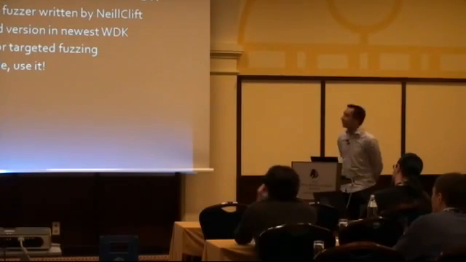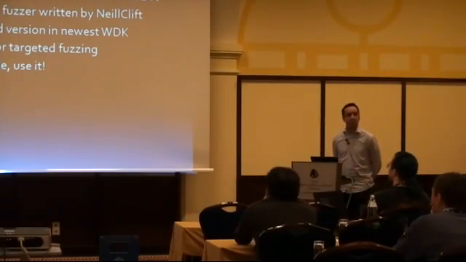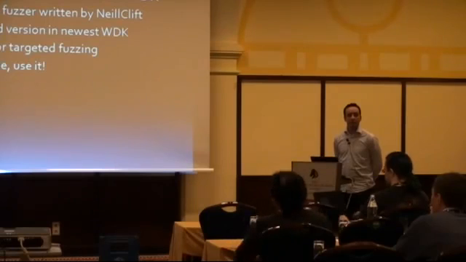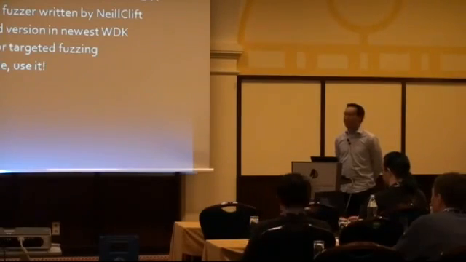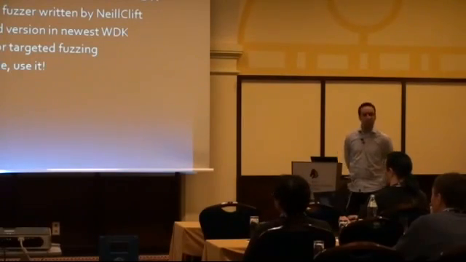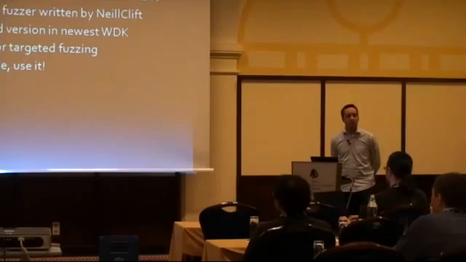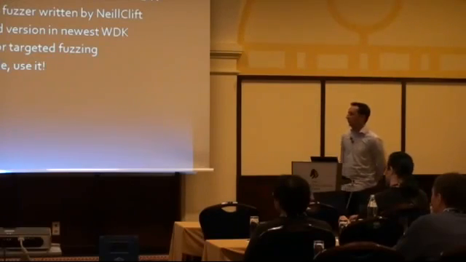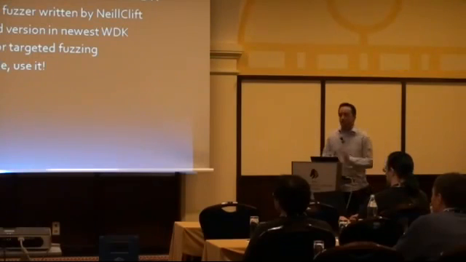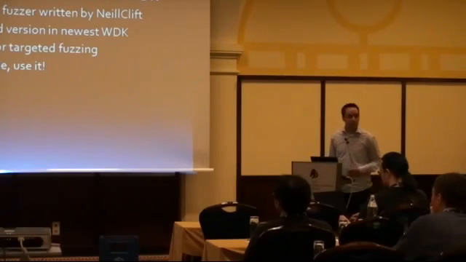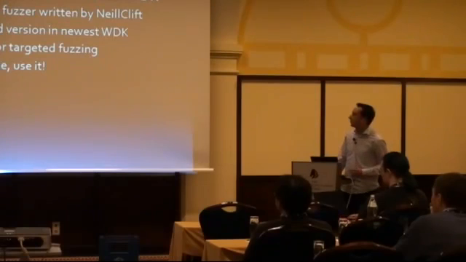It was developed, this tool, by Neil Clift, and in the latest WDKs for Vista and Windows 7, there is an improved tool on that one called DC2. Basically, with this one, there are a number of switches that you can use to fuzz these APIs, fuzz these IOCTLs, etc. If you are developing in kernel mode, use it. It's integrated in your development lifecycle. It's free. We're not going to charge you.